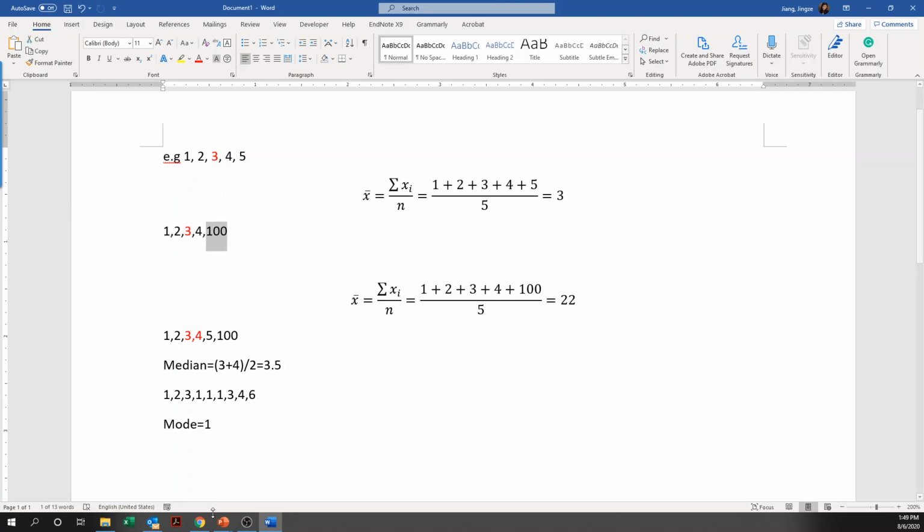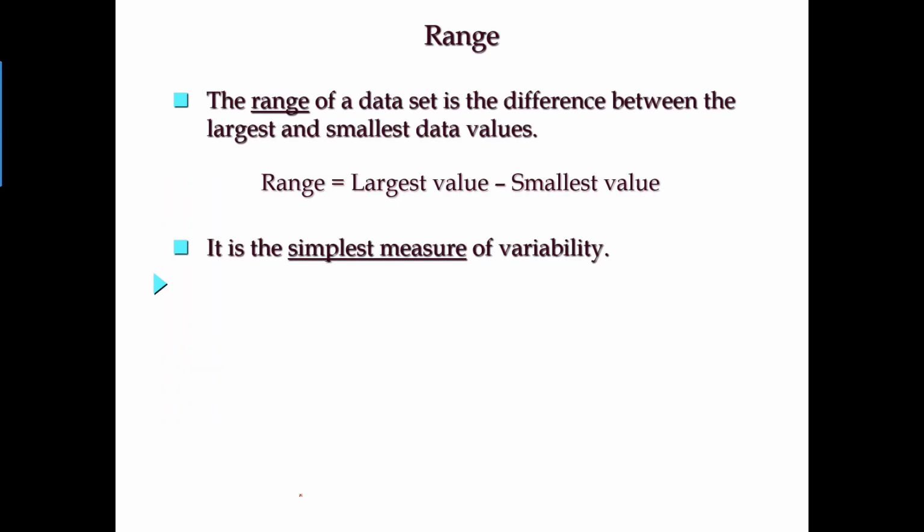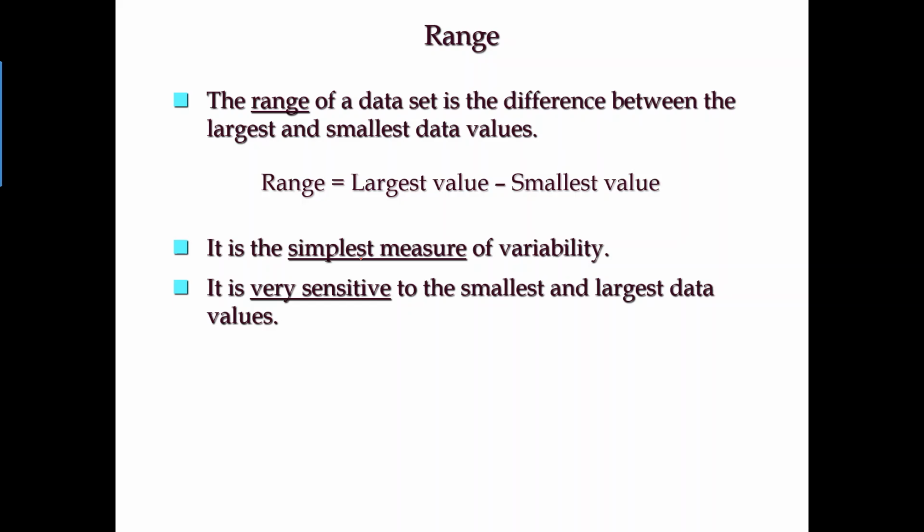That is what I want to point out when we use range to measure the variability. The good thing about range is that it is very, very simple. It is the simplest measure of variability. The problem is that it is very sensitive to the smallest and the largest data values. The reason is that when we calculate the range, we only use the smallest and the largest value.